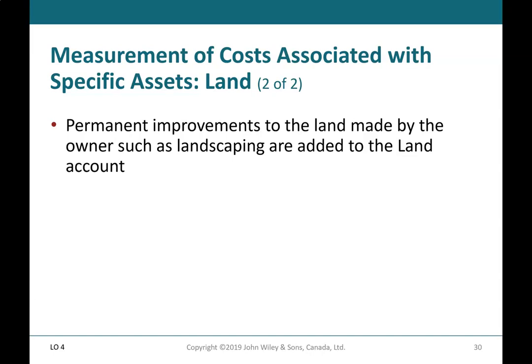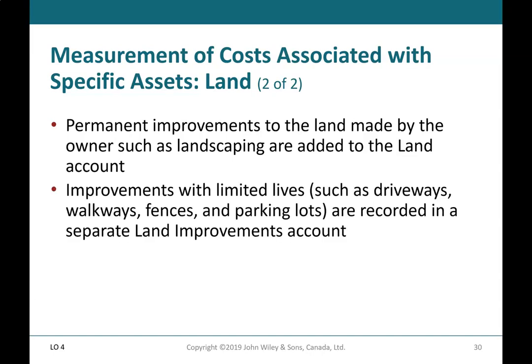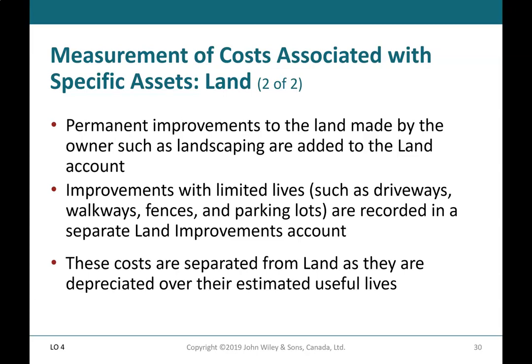Permanent improvements to the land made by the owner, such as landscaping, are added to the land account. Improvements with limited lives, such as driveways, walkways, fences, and parking lots, are recorded in a separate land improvements account. These costs are separated from land and depreciated over their estimated useful lives.